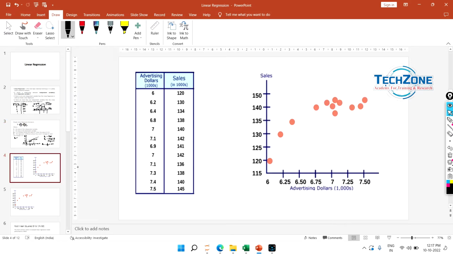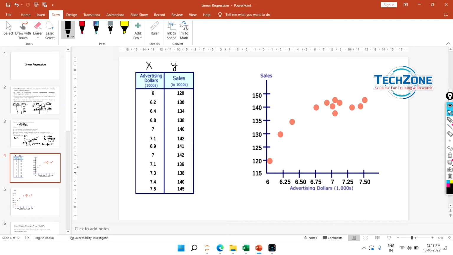I have a small example here. Now this is our x, the independent variable, and the sales is the dependent variable, y. The independent variable is advertising dollars in thousands, the money spent in advertising, and these are the sales in thousands.